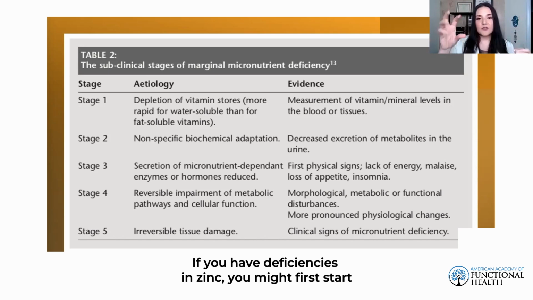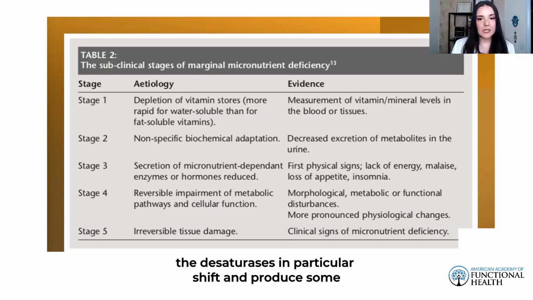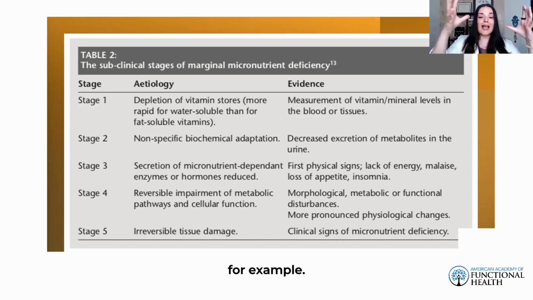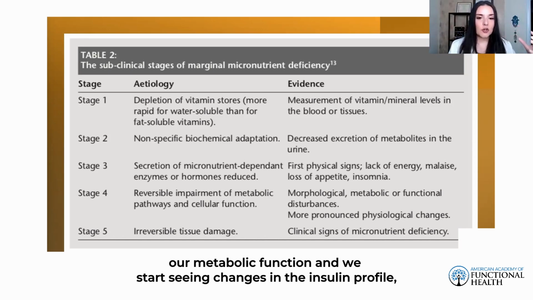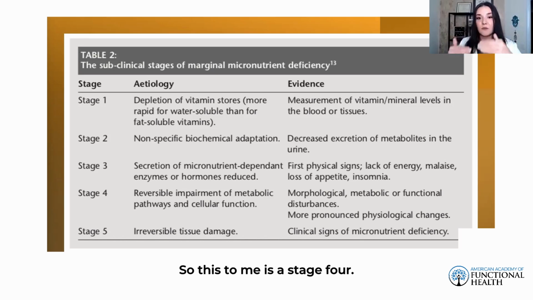If you have deficiencies in zinc, you might first start seeing shifts in the way the essential fatty acids, the desaturases in particular, shift in and produce some of our EPA and our DHA and arachidonic acid, for example. However, at some point, the shift in zinc starts to alter our metabolic function, and we start seeing changes in the insulin profile, and we start seeing the development of insulin resistance. So this to me is a stage 4. So that's a difference between stage 3 and stage 4.